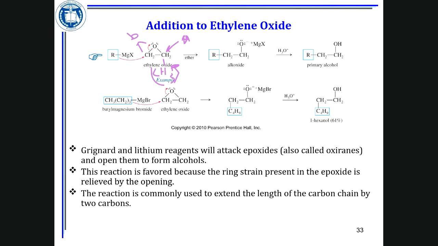Would the plus charge be more stable on A or more stable on B? The plus charge would be more stable on which carbon, A or B? I wrote the A on the right side, B on the left side.